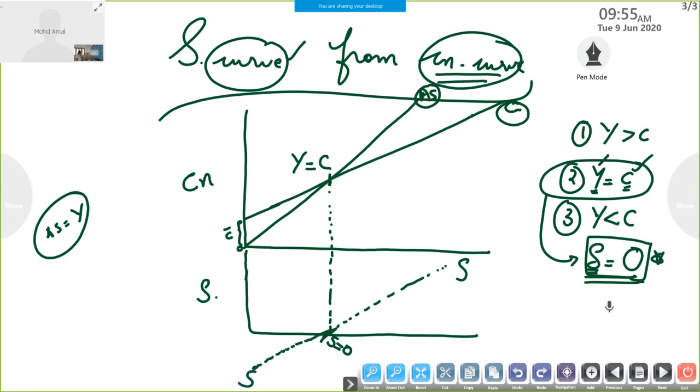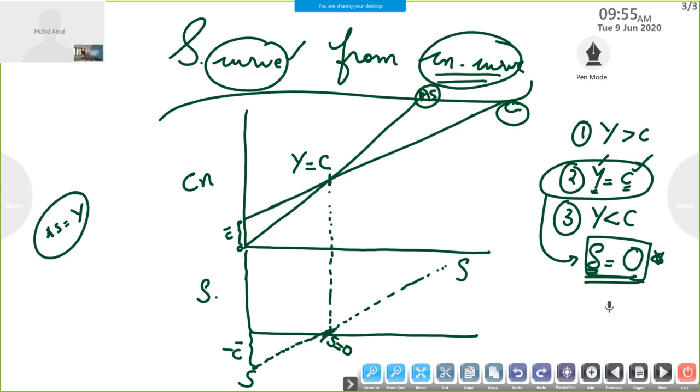We got saving curve. We can label this part shows minus C dash. That means autonomous saving or negative consumption. Autonomous saving, dissaving. This is positive level. This is dissaving. This is break even point.